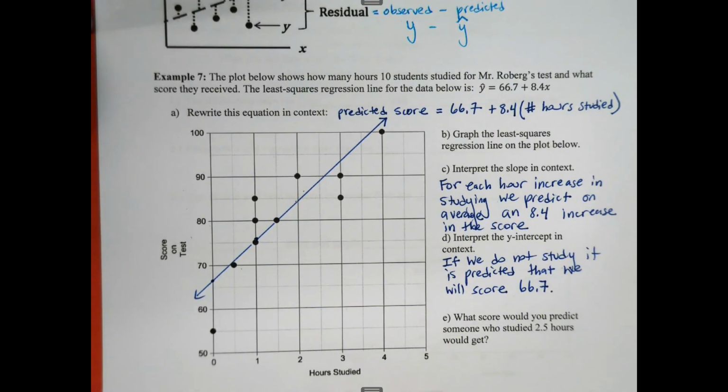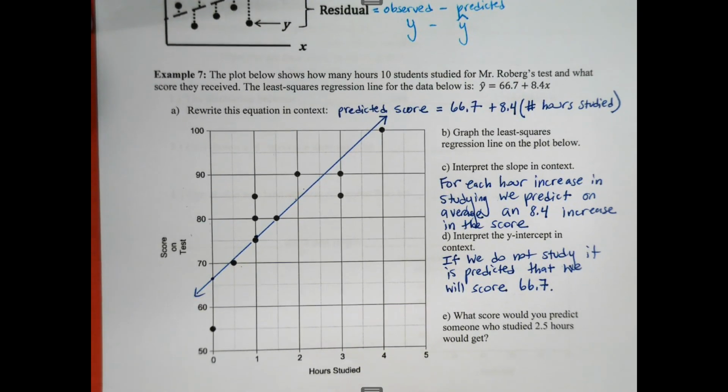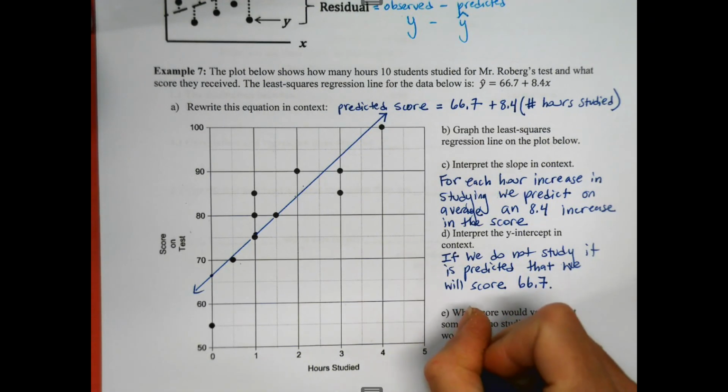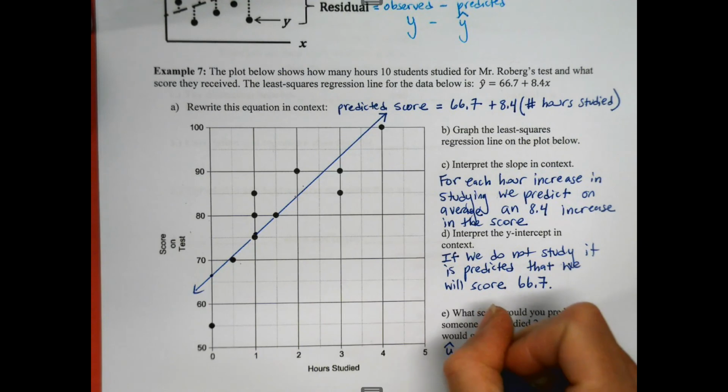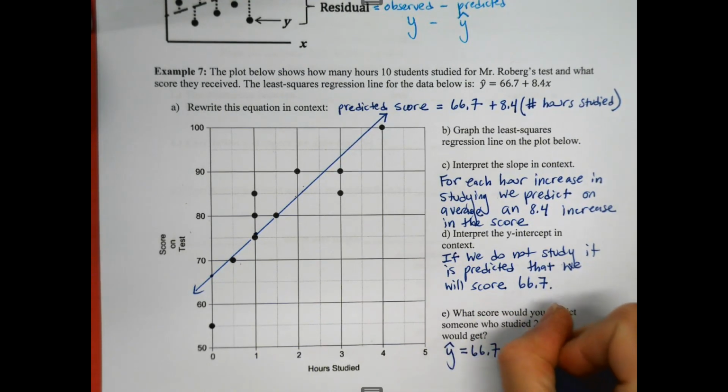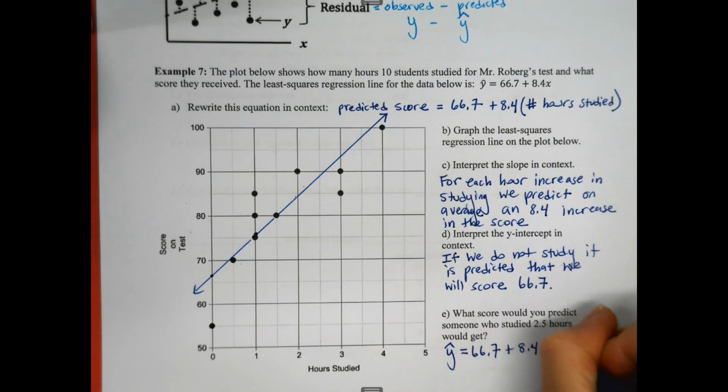Part E, what score would you predict someone who studied 2.5 hours would get? We are going to use our equation to predict this. So our y hat is our predicted score. It's equal to 66.7 plus 8.4 times the number of hours.